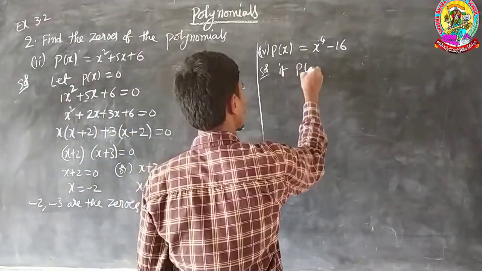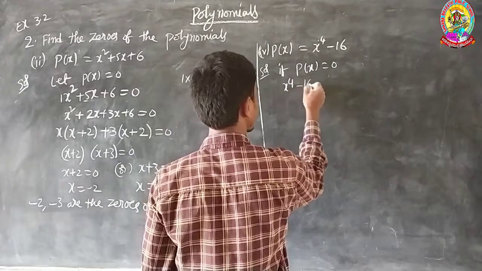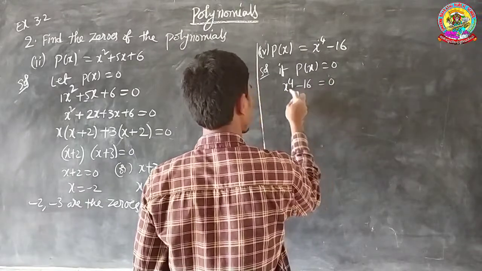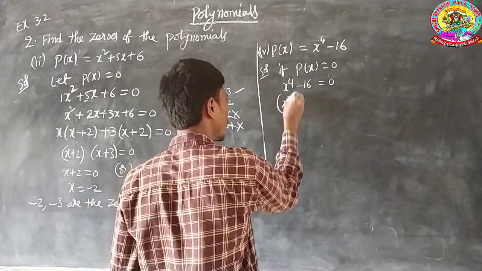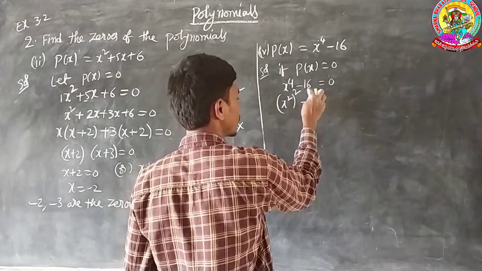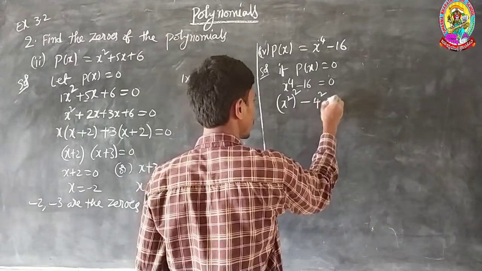Now take the next polynomial. If p of x is equal to 0, then what will happen? x power 4 minus 16 is equal to 0. So x power 4 can be written in the form of x square whole square, and 16 can be written as 4 square, equal to 0.